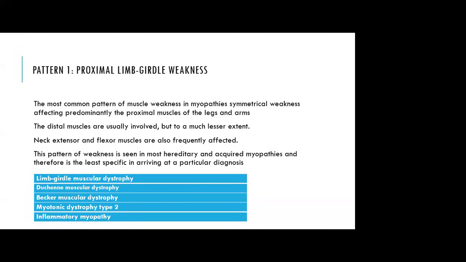This pattern of weakness is seen in most hereditary and acquired myopathies, and therefore it is least specific in arriving at a particular diagnosis. The common examples of the proximal pattern are limb girdle muscular dystrophy, DMD, Becker's, myotonic dystrophy type 2, and inflammatory myopathies.